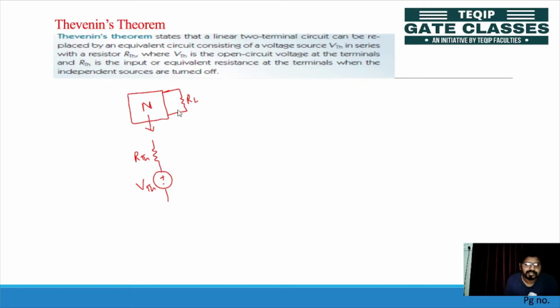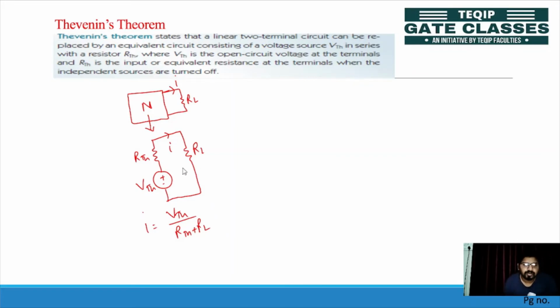Then we'll connect our load here, that is RL. Okay, so if we want the current in this RL, we can easily find it directly by the equation I is equal to VTH divided by RTH plus RL.